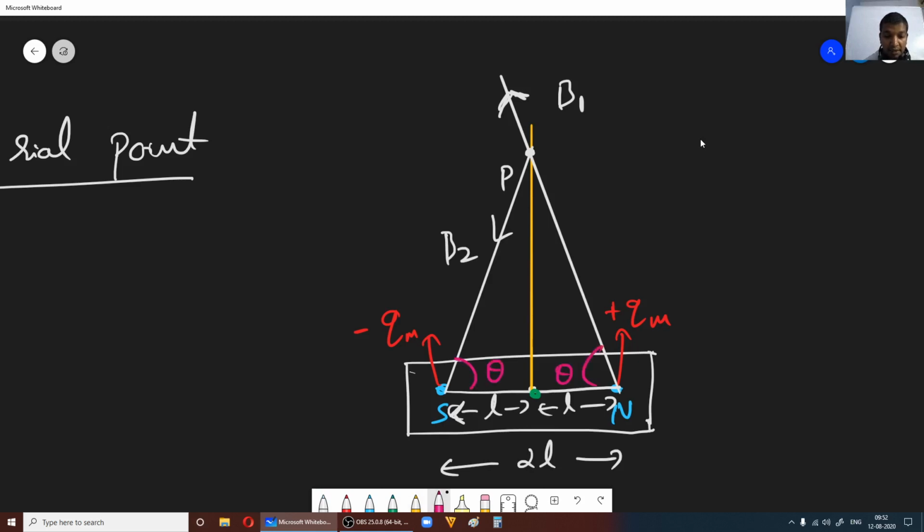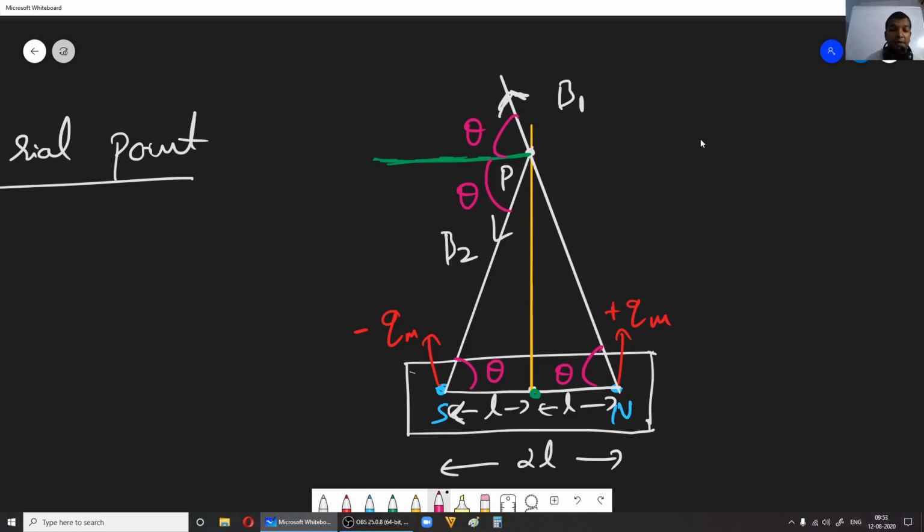If you draw the angular bisector of this line, you will come to know that this green line is actually parallel to the bar magnet, the line joining North Pole and South Pole. Then these two angles will also turn out to be theta and theta.